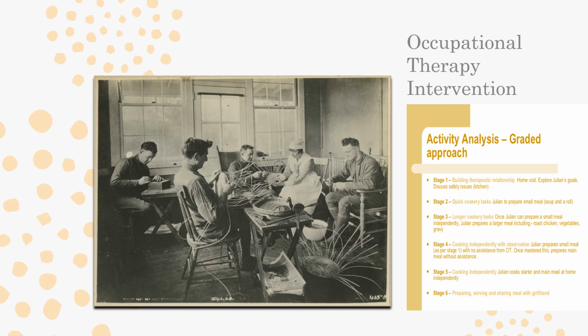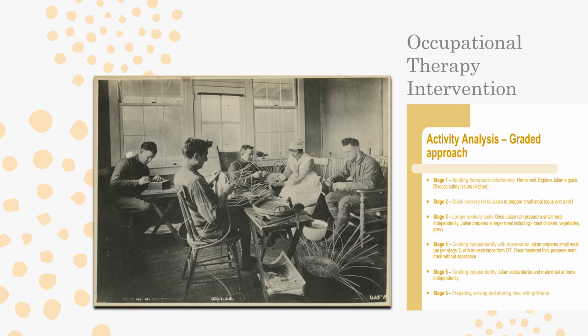Occupational therapy intervention has dealt with this type of theory since its beginning 100 years ago. For example, in this picture we see it literally is underwater basket weaving, and you notice on the table there's an example of the basket. The therapist has shown the patients the basket, and now she's teaching them step by step.